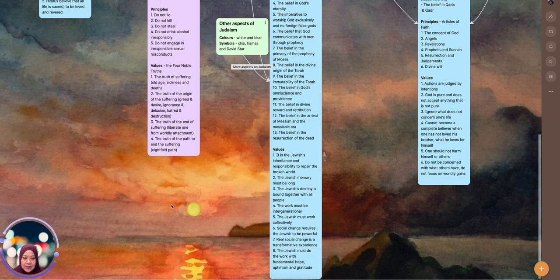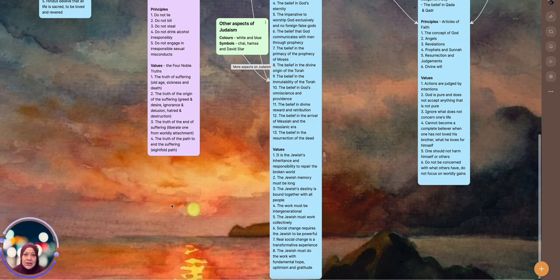Long memory. Number 3, for the value, the Jewish destiny is bound together with all people. As I have mentioned earlier, they see the world as their responsibility. So because of that, they believe that their destiny is bound with all people. Number 4, the work must be intergenerational. That means from one generation to the other, there are connections, there are relations.